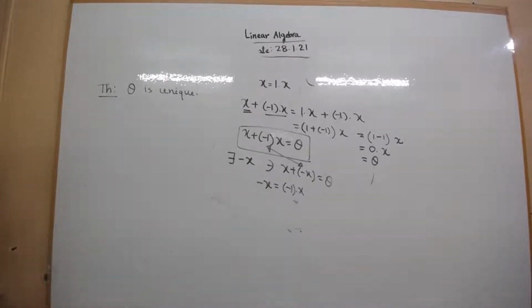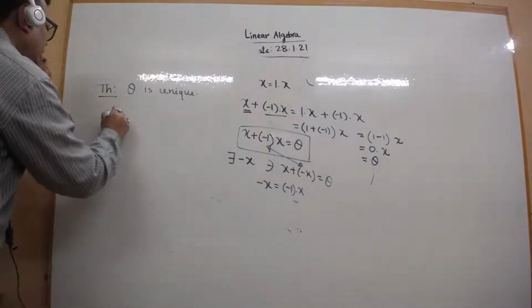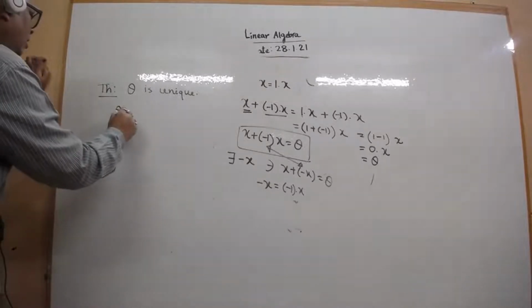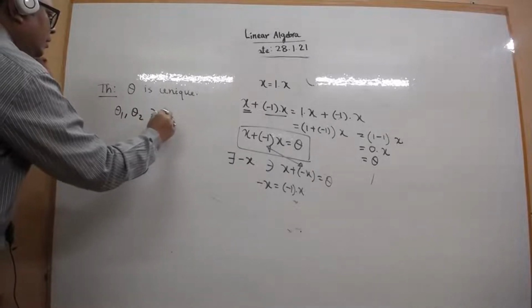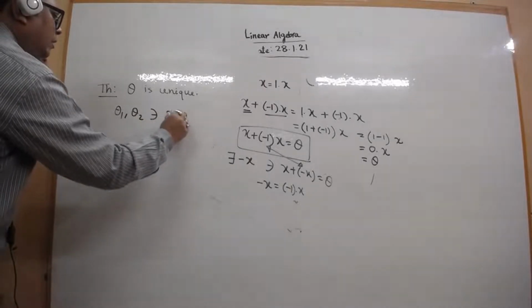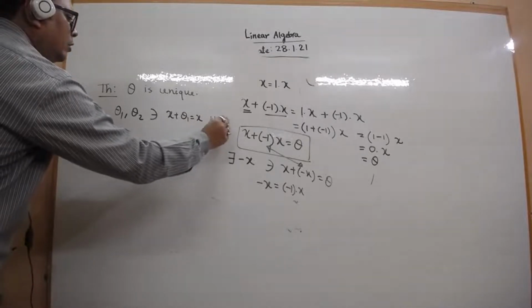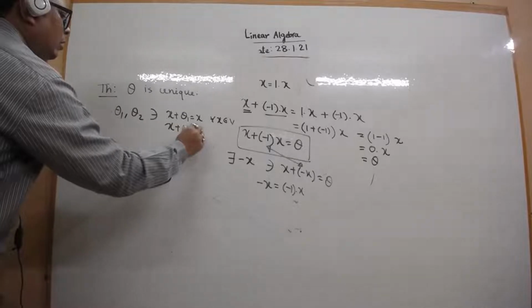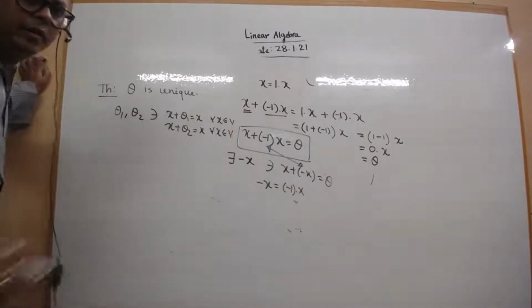Suppose theta is not unique. Assume there exist two null elements, theta 1 and theta 2. Then x plus theta 1 equal to x for all x belonging to V, and x plus theta 2 equal to x for all x belonging to V. Clear?